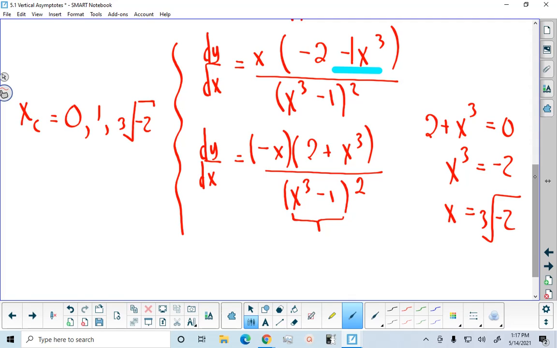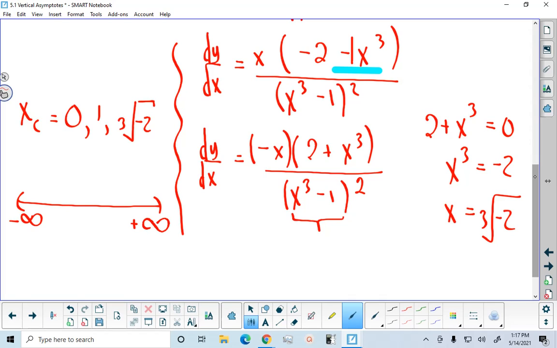Any questions with getting those three critical values? Okay, so that means we're going to split up all of the real numbers from negative infinity to positive infinity.